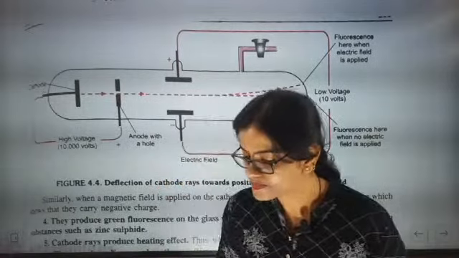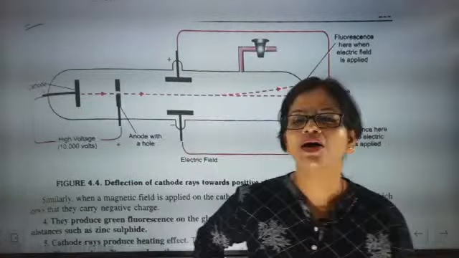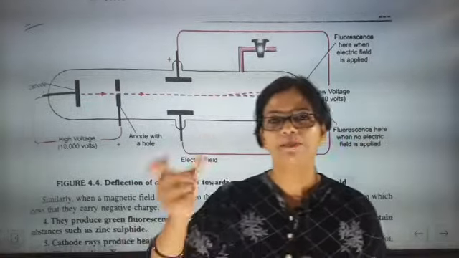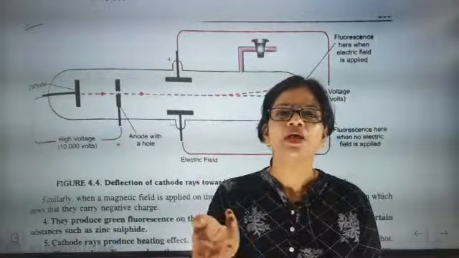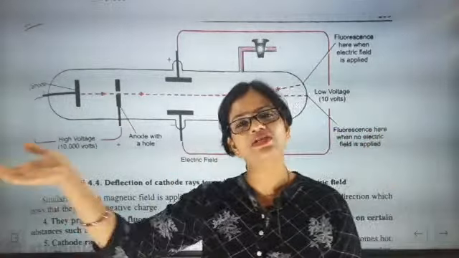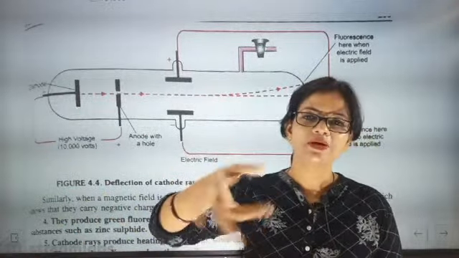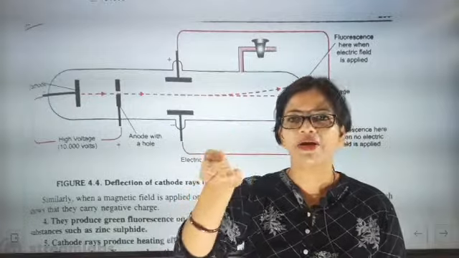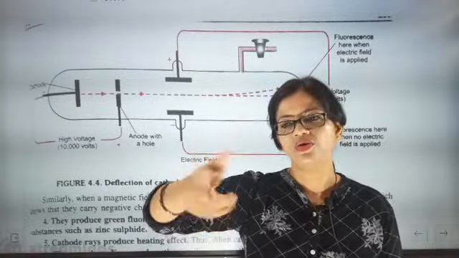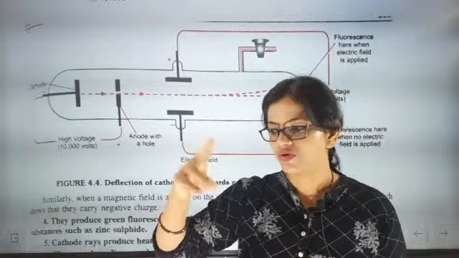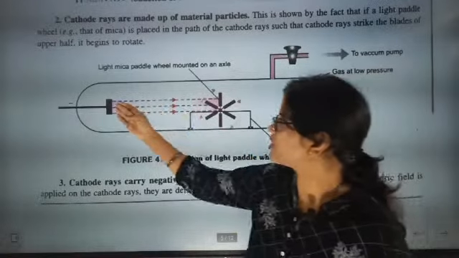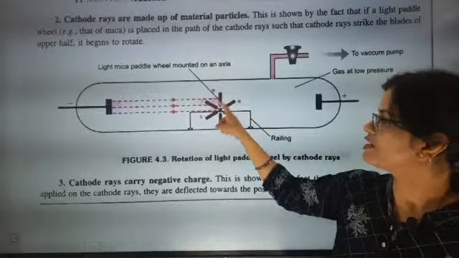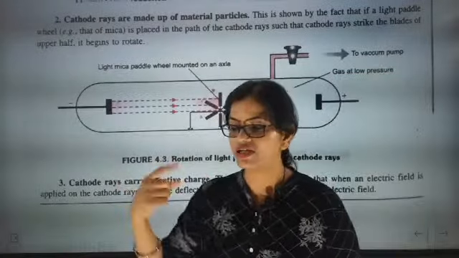What did they keep in between? Absolutely, Rahul. They kept a very lightweight mica paddle in between the cathode rays, because the cathode rays move in a straight line. They kept a mica plate made like a fan. When the cathode rays passed, they started rotating the paddle.